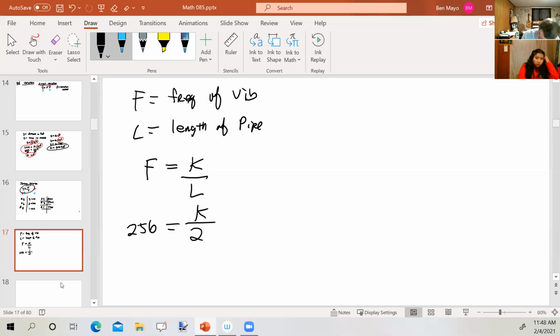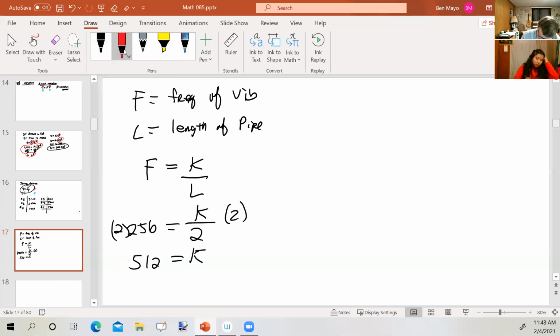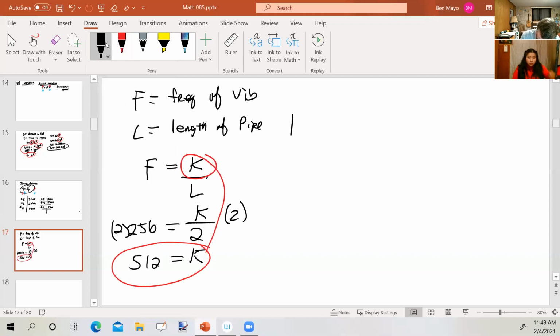Before I can answer that follow-up question, I need to determine K. So to solve for K, I'll multiply both sides of this equation by 2. 512 equals K. So now I'm going to put that in, and my formula looks like this: F equals 512 divided by L.